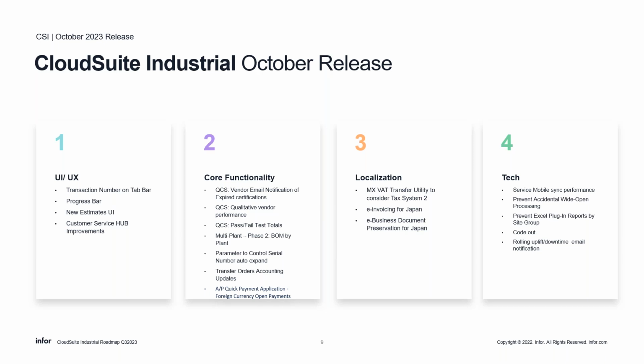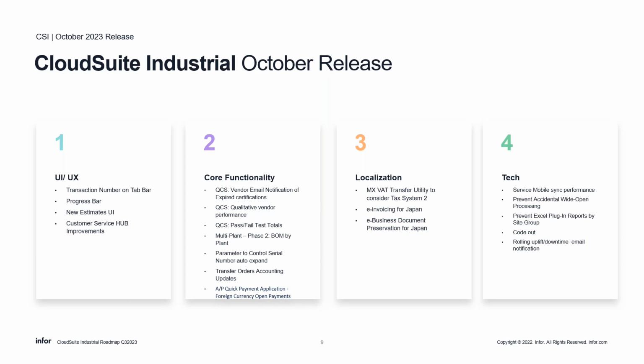There's also a parameter to control serial number auto expand, transfer orders, accounting updates, AP quick payment application, foreign currency open payments. For localization, we had e-invoicing for Japan and e-business document preservation for Japan. And then we also had the Mexico VAT transfer utility to consider tax system 2. Sorry, these are coming in October. And then for tech, we have the service mobile sync performance.